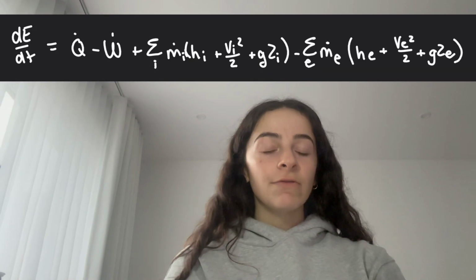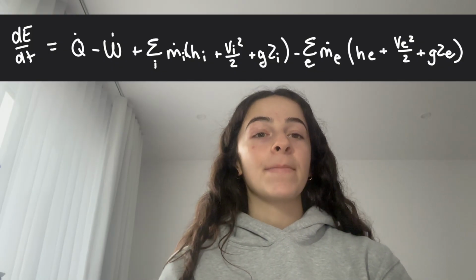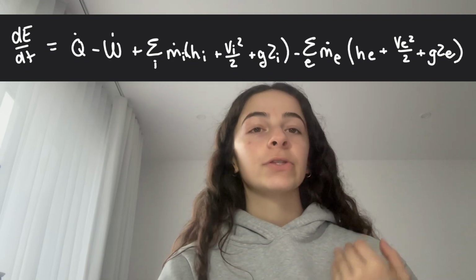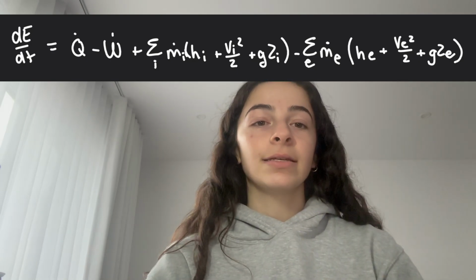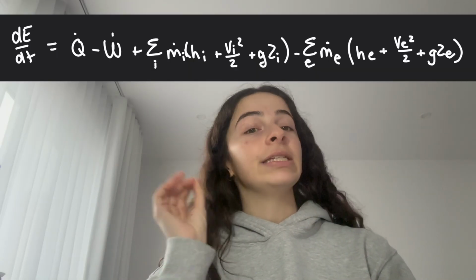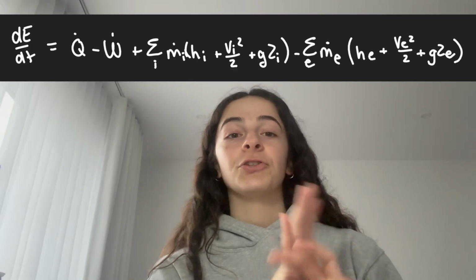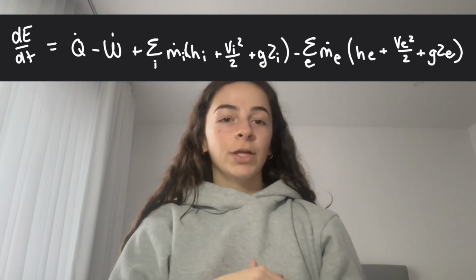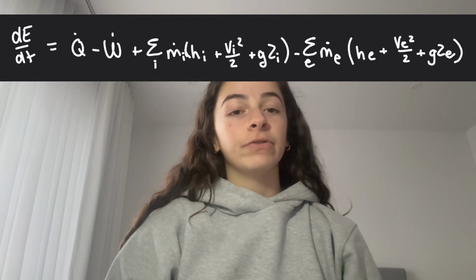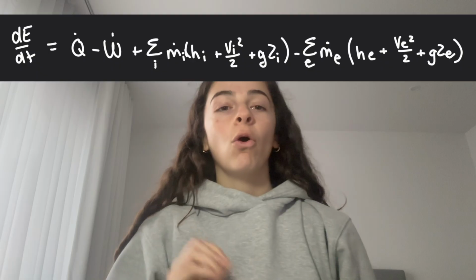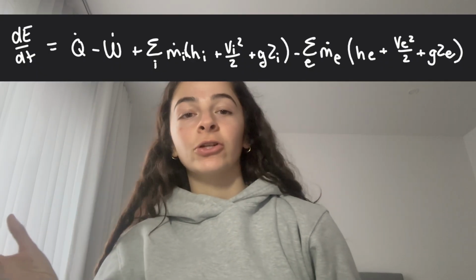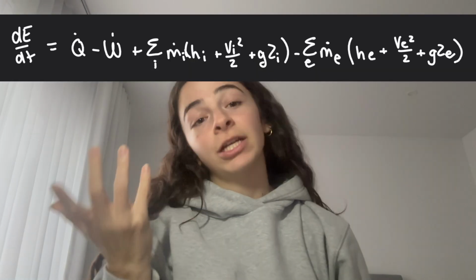So altogether, that is the most complete form. In most of the problems seen in this course, many factors in the formula can be eliminated or ignored. If you are in steady state, the change in energy will be 0, since there is no change in energy. Another part that can be ignored is the kinetic energy, if the velocity is very small, or if its value is way smaller than the enthalpy, because it makes no difference.